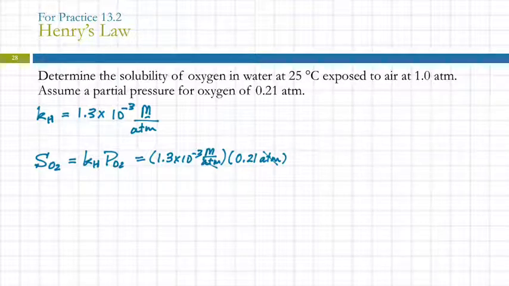So 1.3 times 10 to the minus 3 times 0.21 gives 2.73 times 10 to the minus 4. And that's molarity, moles per liter. So that's moles of oxygen per liter of water solution. Sig figs, it should only have 2. Any questions?